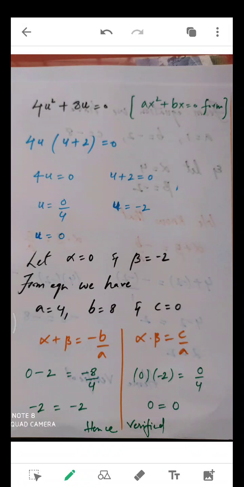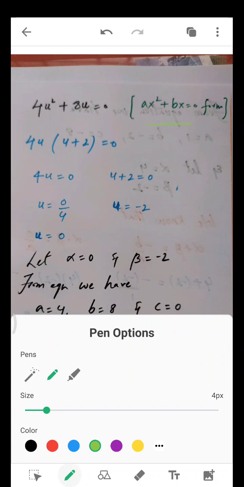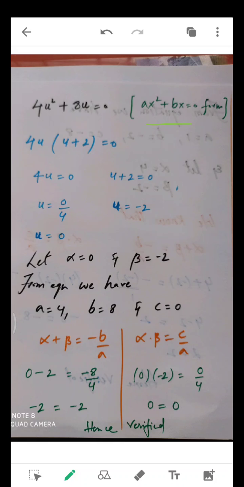Equations of the form ax square plus bx plus c are quadratic, and a quadratic equation can also be of the form ax square plus bx. Can you tell me which term is missing here? Yes, that's c, the third term.